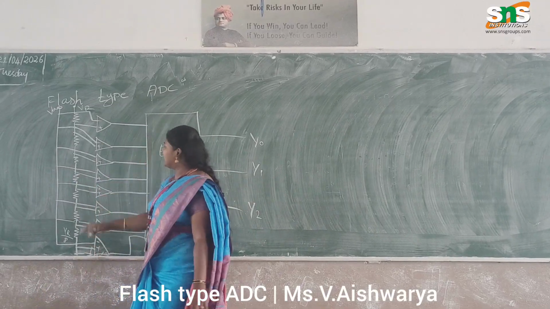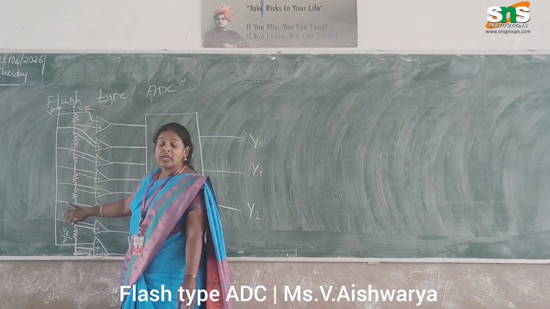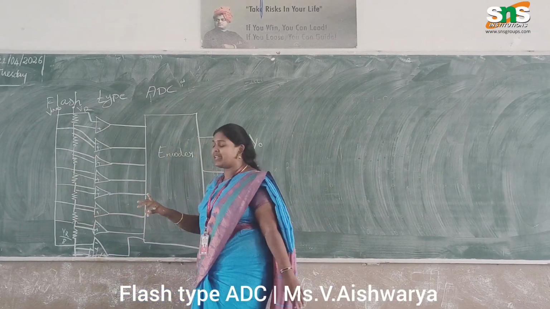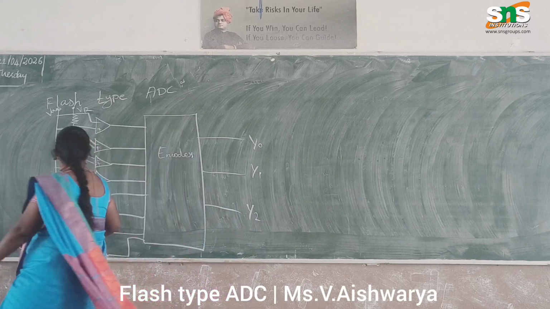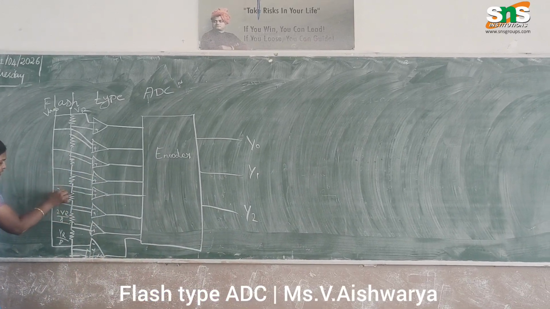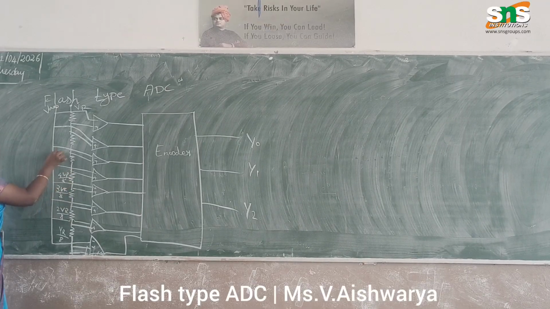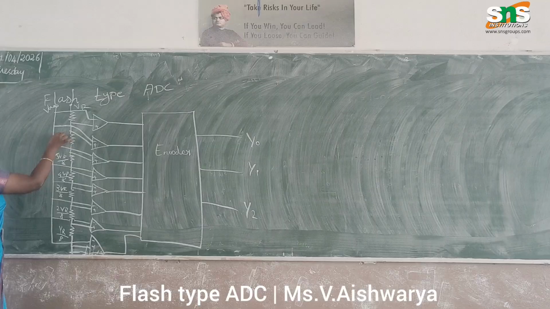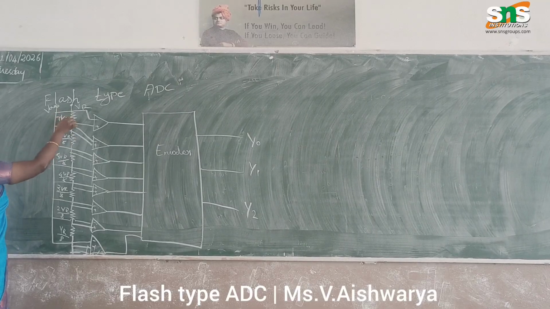In this construction, we have to consider the resistor values, which are written as VR by 8, then 2 VR by 8, 3 VR by 8, 4 VR by 8, 5 VR by 8, 6 VR by 8 and then 7 VR by 8.